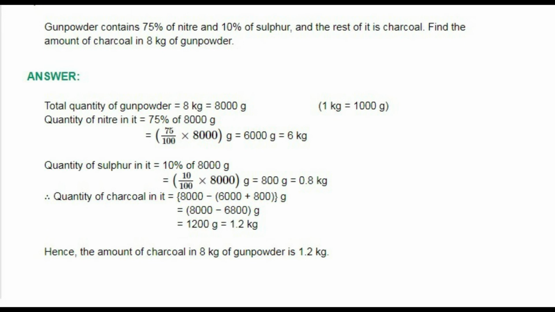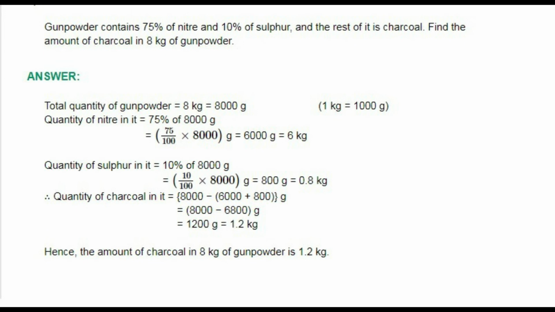Similarly, to find the amount of sulfur, 10% is the percentage, so 10 by 100 into 8000 is 800 gram, which means 0.8 kilogram. To find the amount of charcoal, we subtract the sum of nitre and sulfur from the total quantity of gunpowder, right?